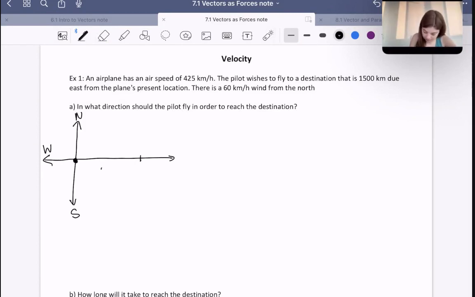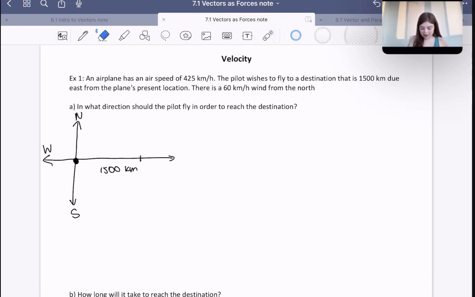And let's say we would like to go 1,500 kilometers due east. So we could just point our plane directly there, but the thing is, then the wind would push us, right? If we tried to start from our origin and then went directly east, then the wind would actually push us south, right? It's coming from the north going to the south. So we'd end up around here somewhere, a little bit south.